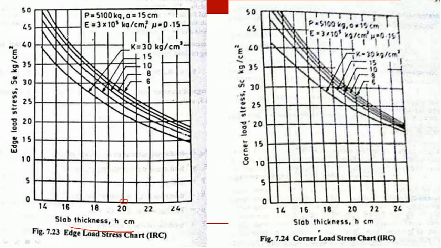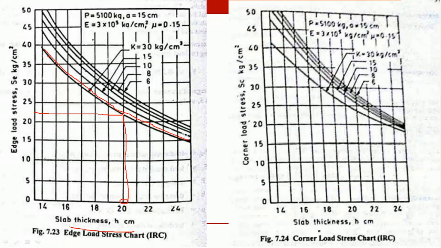Whatever graph you are observing here, these curves indicate the modulus of subgrade. 30 is this curve. Just observe in the figure. This is the modulus of subgrade 30 and the thickness of the pavement is 20. The corresponding value on the y-axis is our stress at the edge of the pavement.